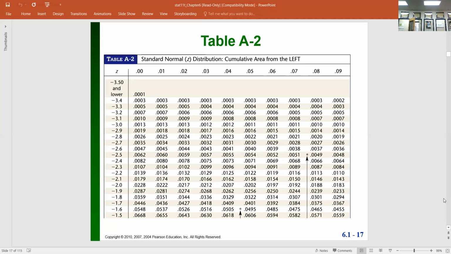So we want to look for 0.98 over on the positive z-scale. If we interpolate that, it becomes 2.055. That's going to be my z-score.